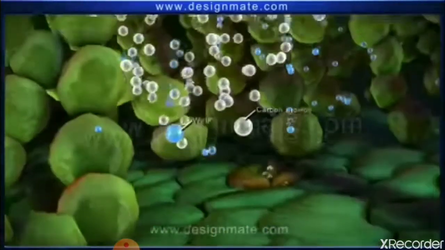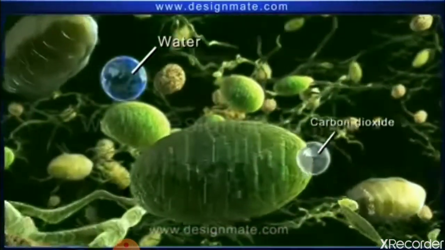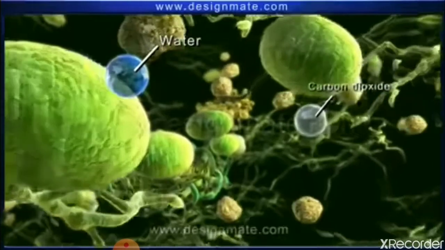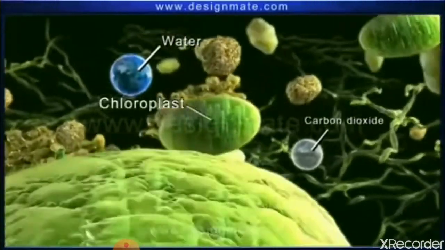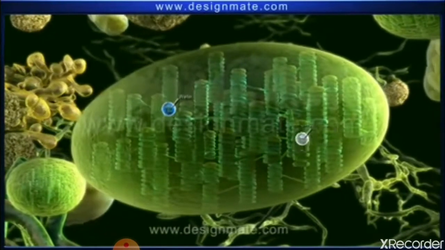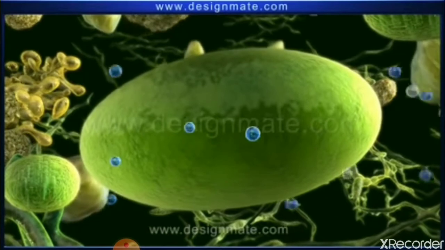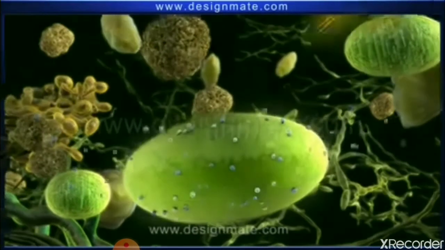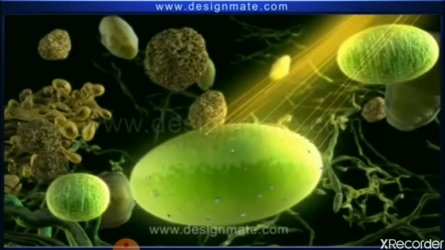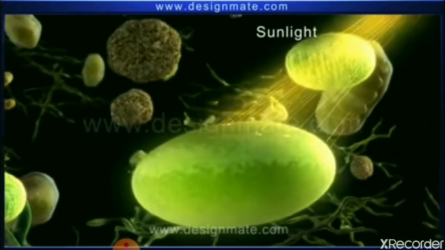You can see the bubbles as carbon dioxide and water. Those now enter into the chloroplast. Inside the chloroplast, there is chlorophyll, and chlorophyll uses sunlight, water, and carbon dioxide and makes food, that is glucose and oxygen.